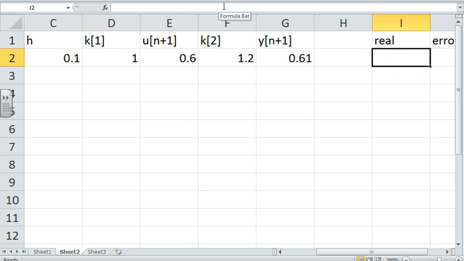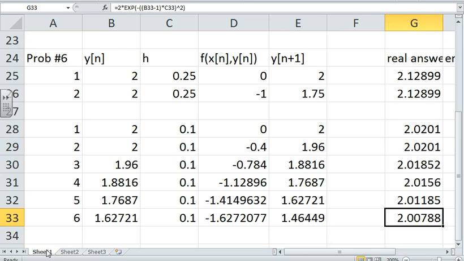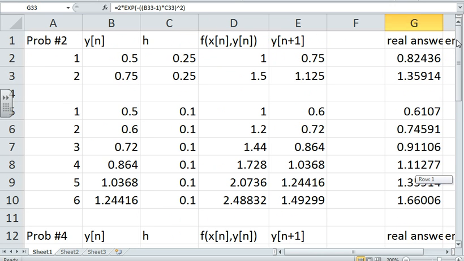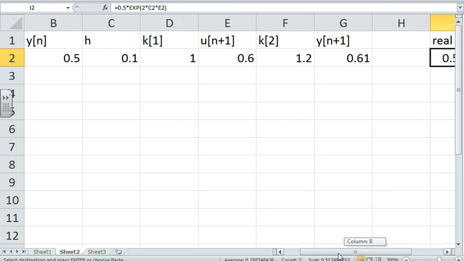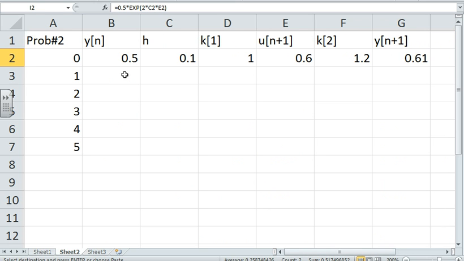And our real guy, we'll just steal our real guy from the other page. Yeah, he has a name. So our real guy and our error are those two people. Copy, paste. Okay, looking good.